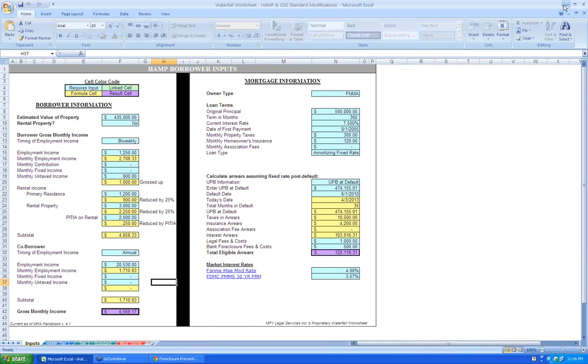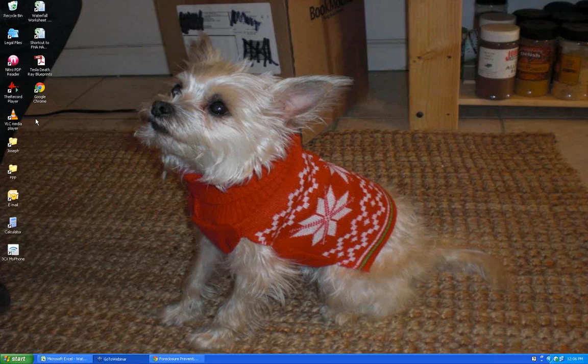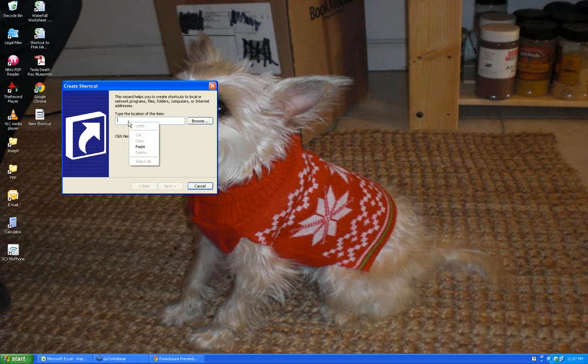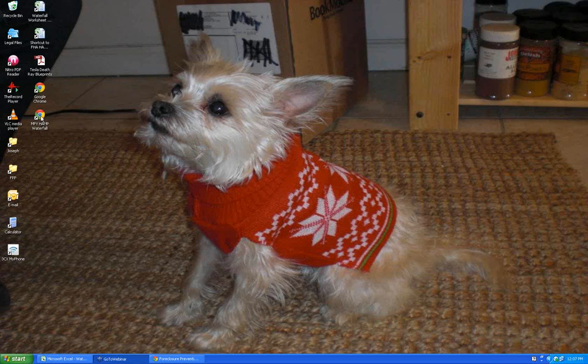Then you go to wherever you want to save it. So I'm just going to do it here on my desktop because that's easiest. So new, shortcut, and then you paste in the link address that you just copied. You name it MFY HAMP Waterfall or something to that effect.